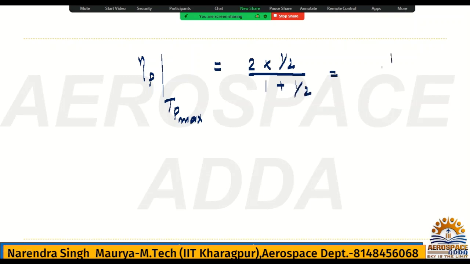It is nothing but 1 divided by 3 by 2. This value also they had asked in the exam. What is this value? 2 by 3.